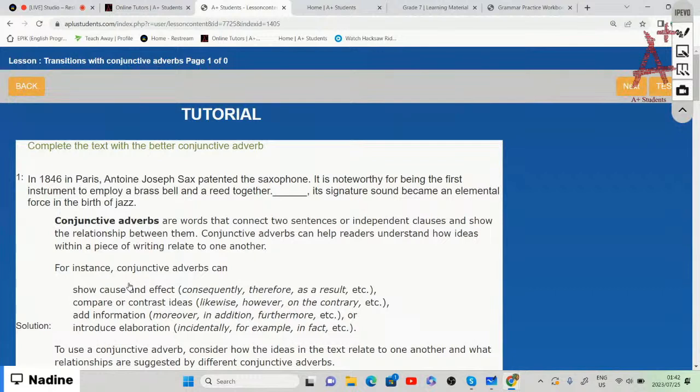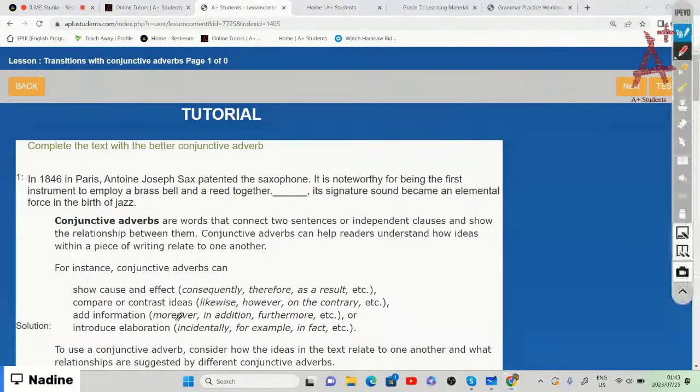So conjunctive adverbs can show cause and they can show effect, right? By, for example, using words like consequently, therefore, as a result, and so on, right?